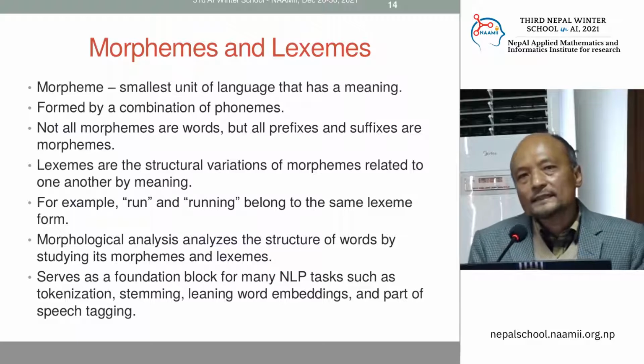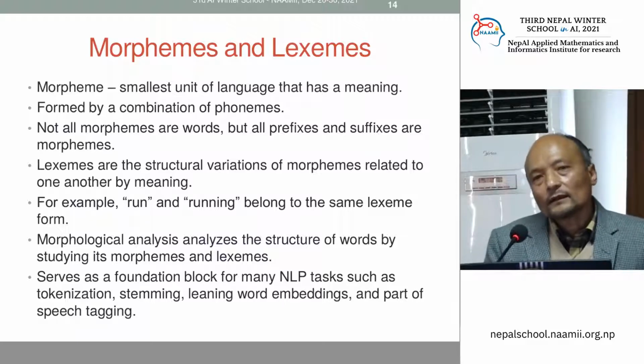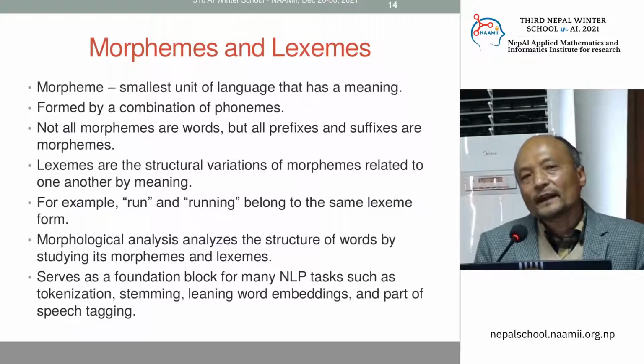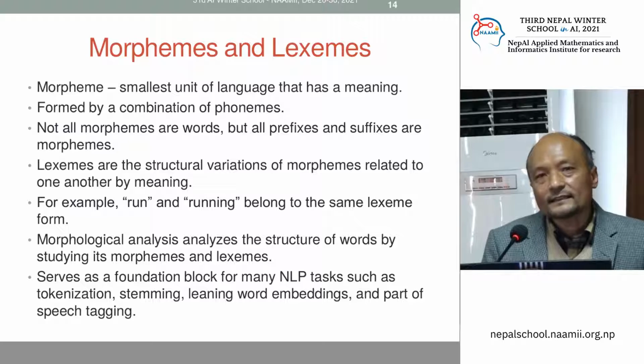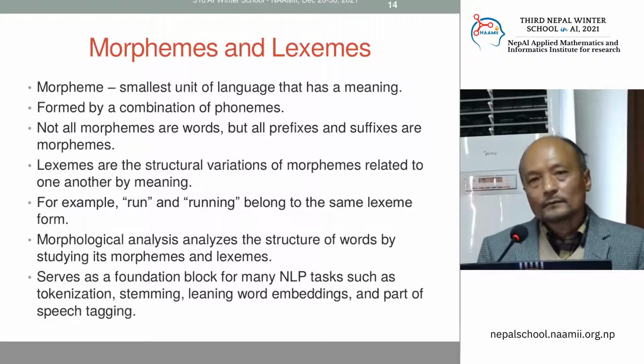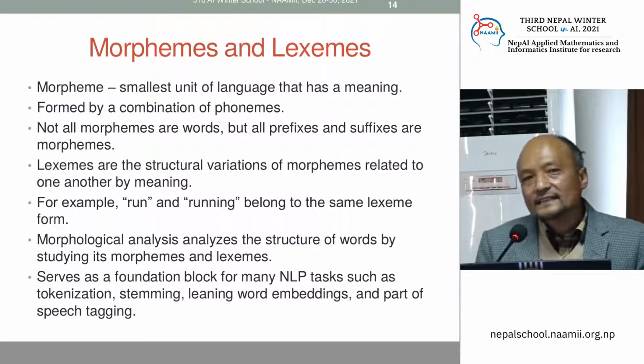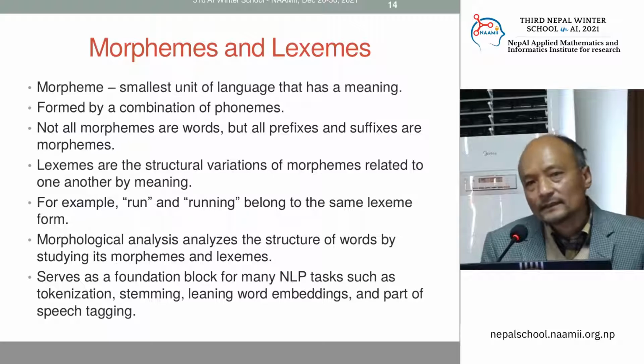A free morpheme is something that has independent meaning on its own. If I give you an example of cats, then CAT, cat, is a free morpheme, whereas S is a bound morpheme or a suffix, right?